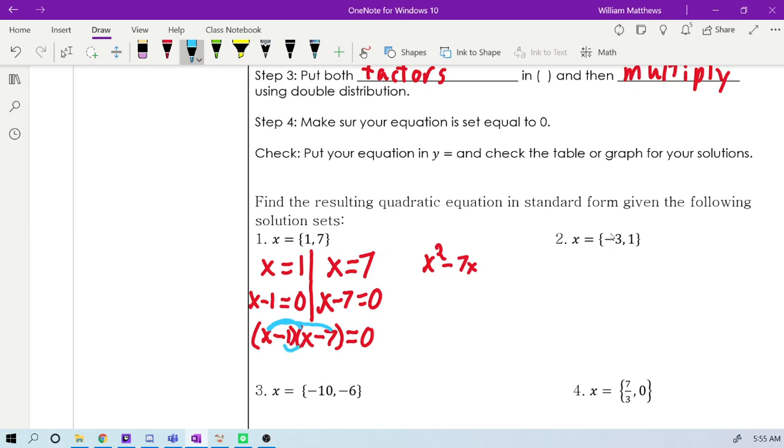The negative 1 times x, which is just negative x. And our last piece, negative 1 times negative 7, which gives us a positive 7. And this still all equals 0.